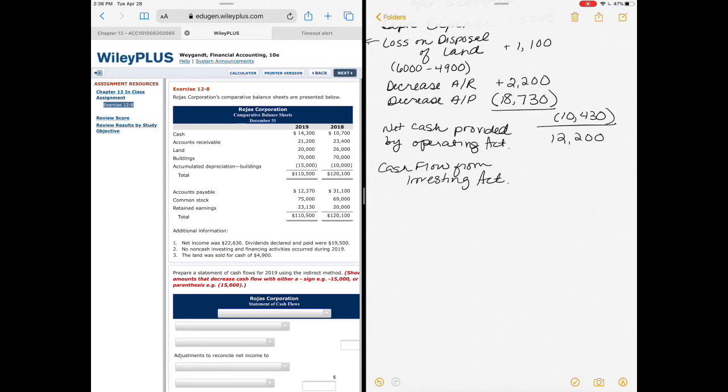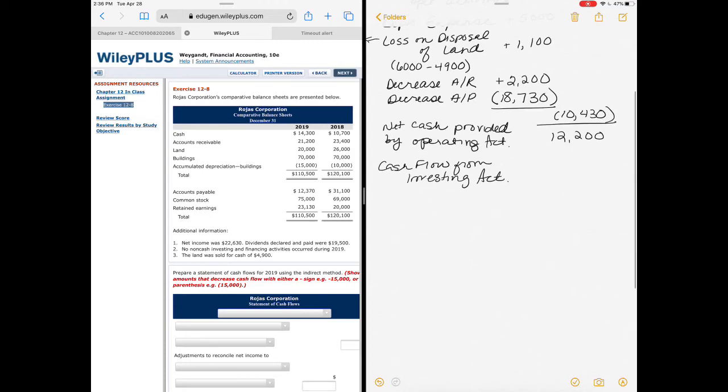Because that's what's next. Now I did get some cash for that sale of land. So that cash would go here. And that cash was $4,900. And since that's really all that happened in the investing activity, we're going to move on to our financing activities.